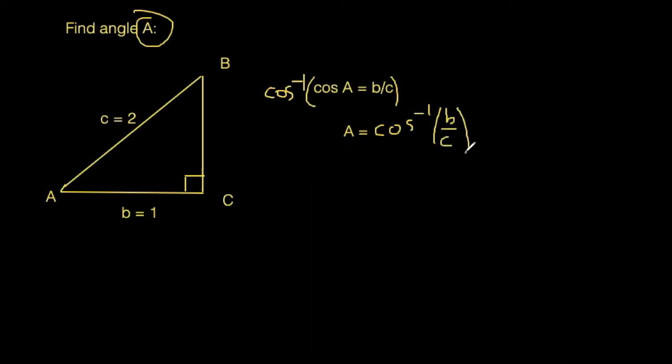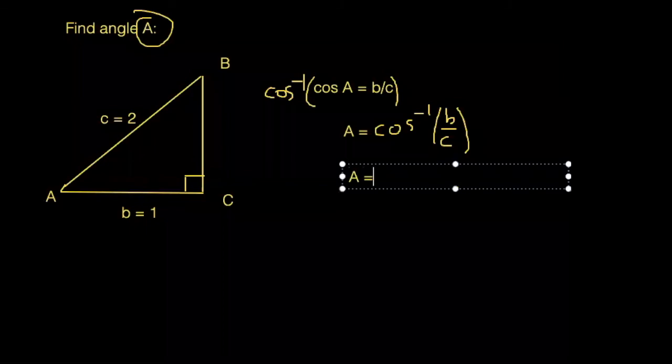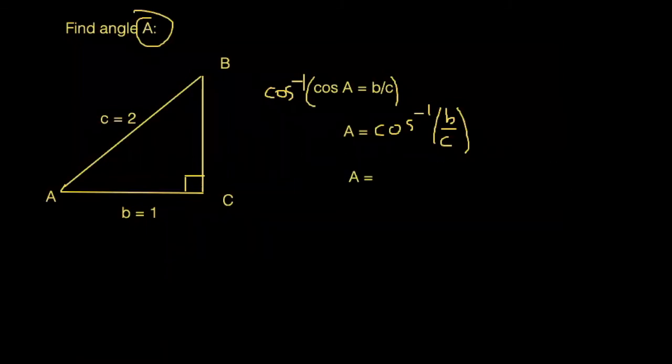Now, of course, you're trying to solve for the angle, so we can plug in 1 for B and 2 for C. So you would ultimately get A equals inverse cosine of 1 over 2, and you punch that into the calculator.